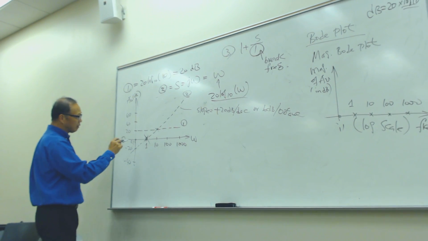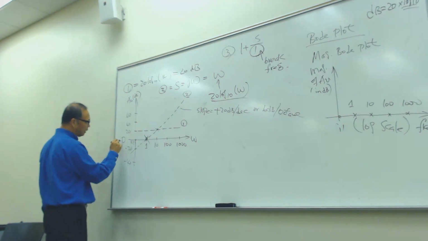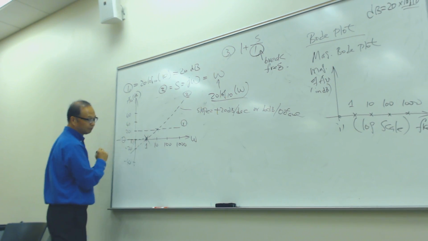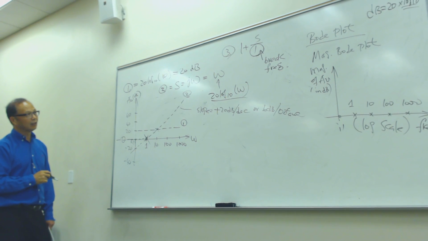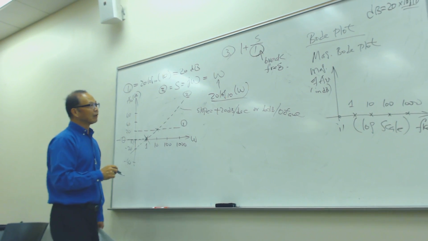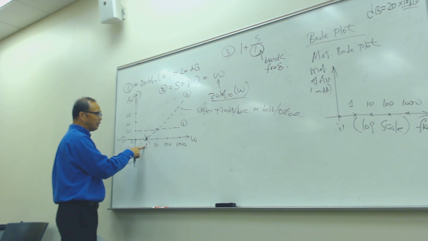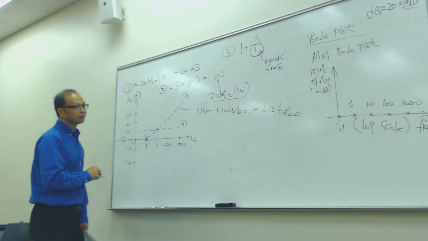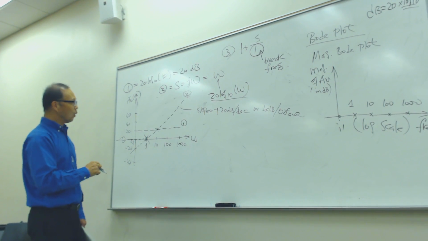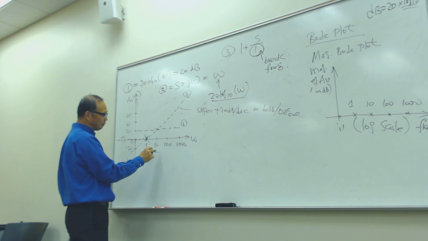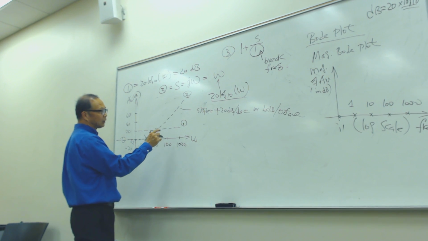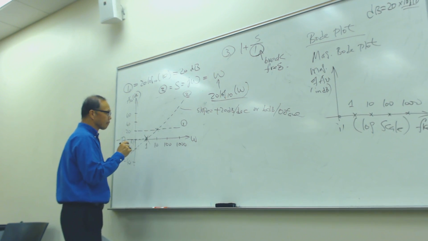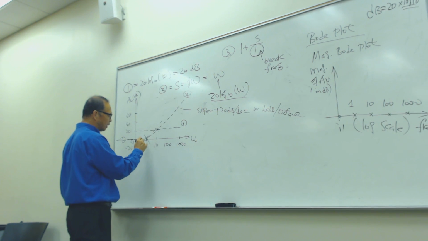So what you do is, before the break frequency, you should have a flat 0. And then after the break frequency, it should go up or down by 20 dB per decade. It can go up or it can go down.